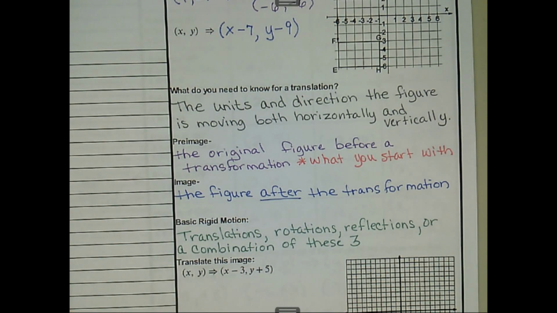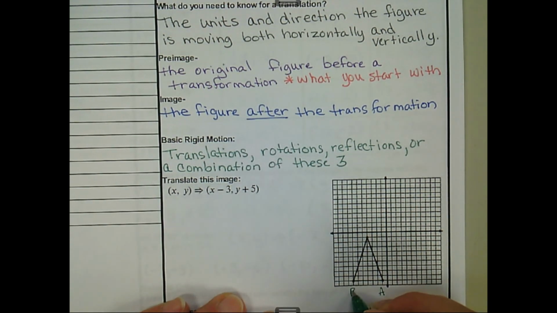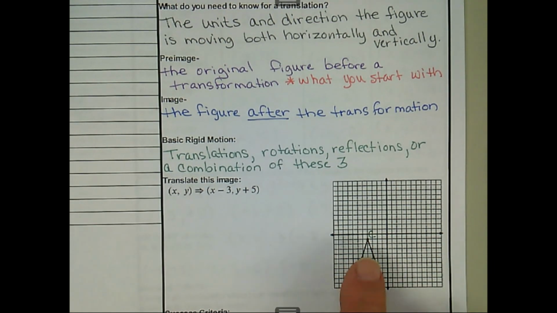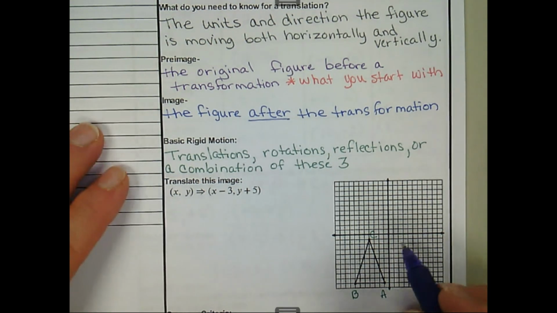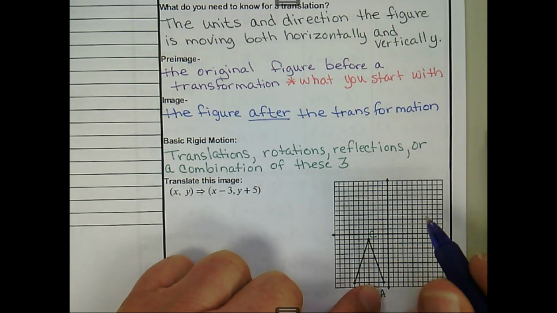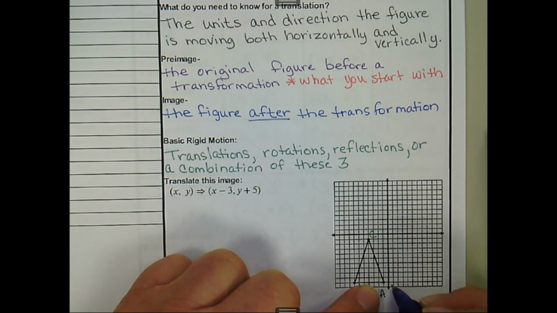Okay, so we've got our image down here, and we're going to translate it. So I'm going to call this A, B, and C. I've got to know the points of A, the point of B, and the point of C. So A is -1, I think it's -1, -9, but I got to count again. 1, 2, 3, 4, 5, 6, 7, 8, 9, 10.